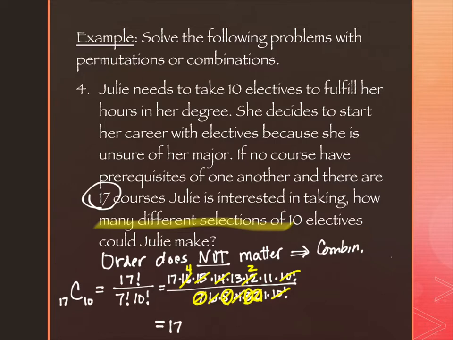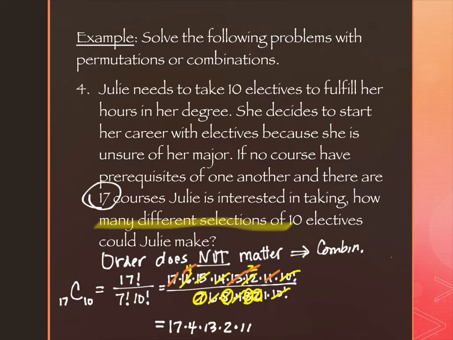I have a 17 and a 4. And then working our way down, we have 13, 2, and 11. We want to make sure that we've got everything on top and everything on bottom, and I think we do.